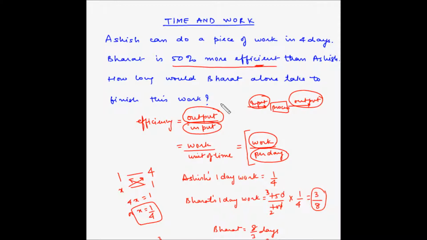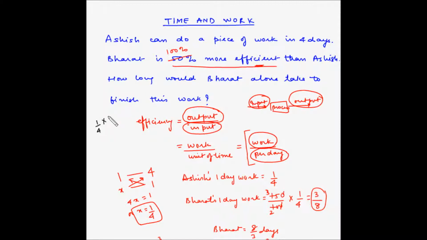Now just for understanding, let's assume that Bharat is 100% more efficient. Let's find out how long Bharat alone would take to finish this work. Ashish can do a piece of work in 4 days, so Ashish's 1 day work is 1 by 4. Bharat is 100% more efficient, so what Ashish can do in 1 day, Bharat can do twice that in the same day.